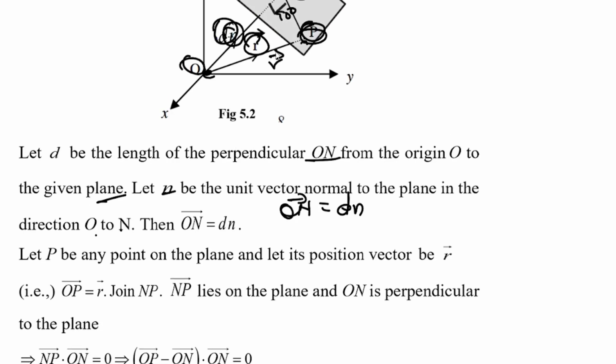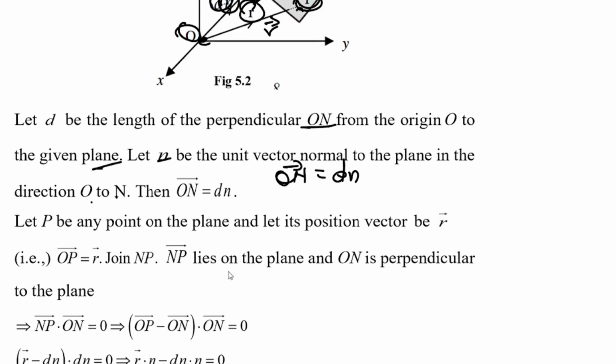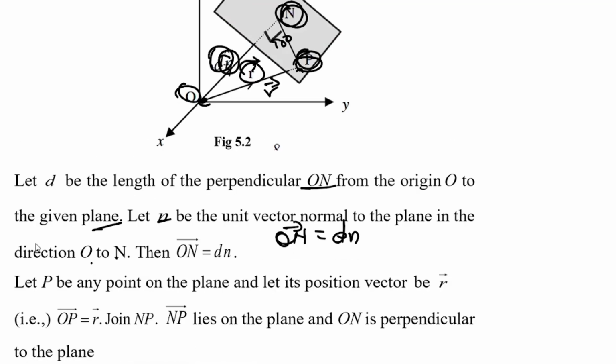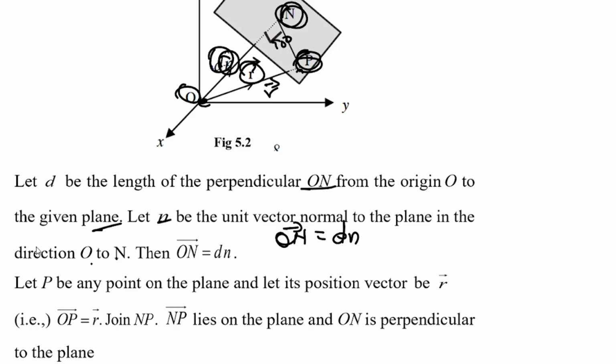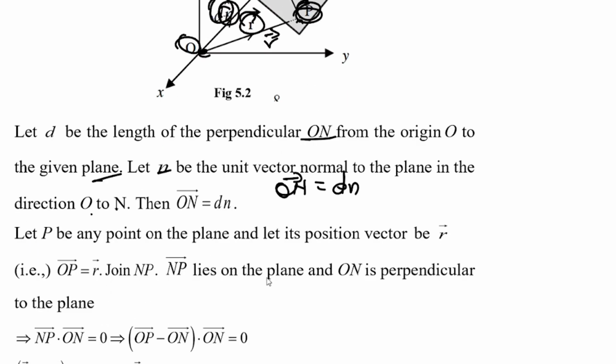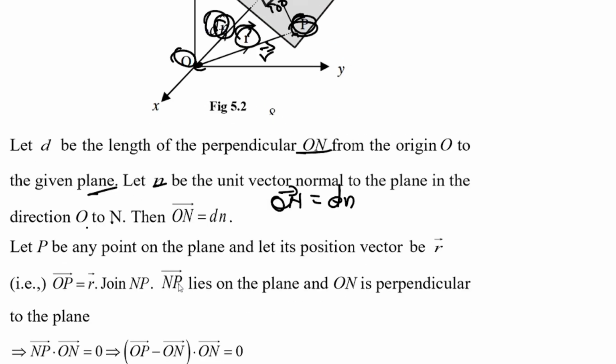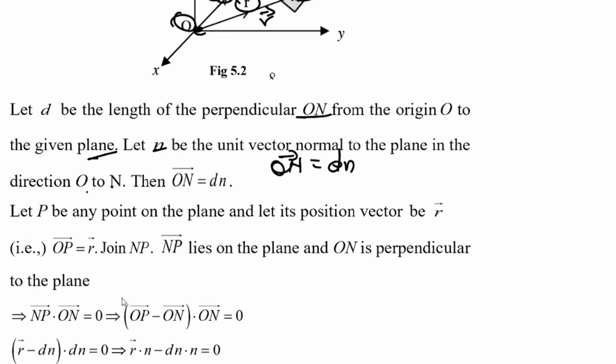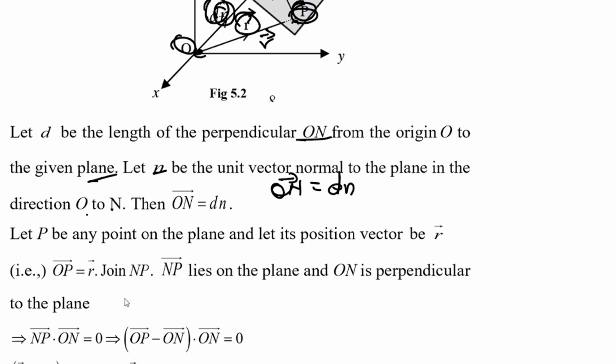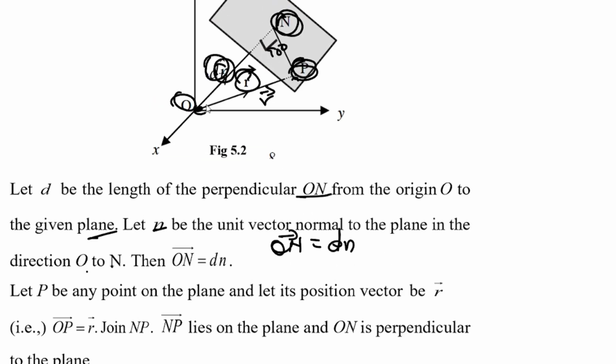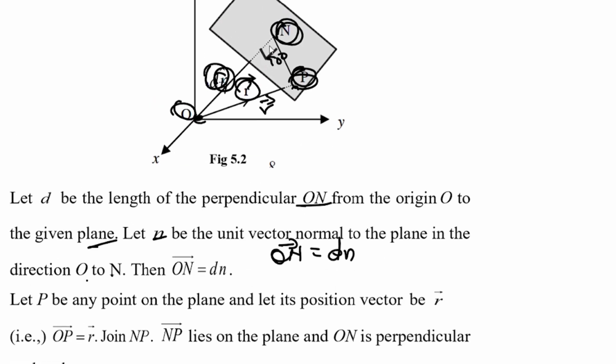So when we join N to P, NP, which is also a vector, is lying on the plane, and ON is perpendicular to the plane. So ON and NP are perpendicular vectors. Our NP is this, and ON is this, and these lines are perpendicular.